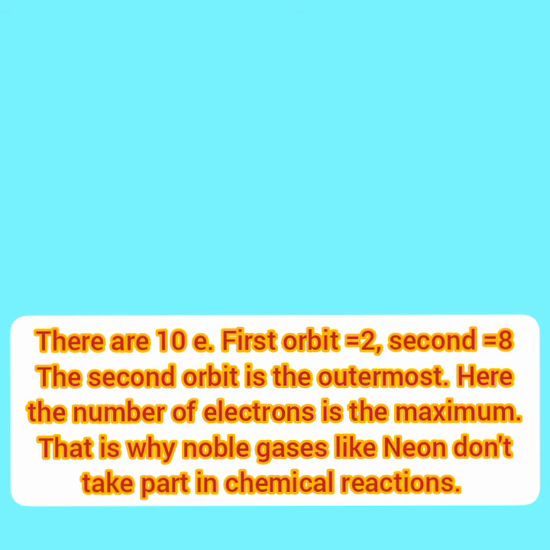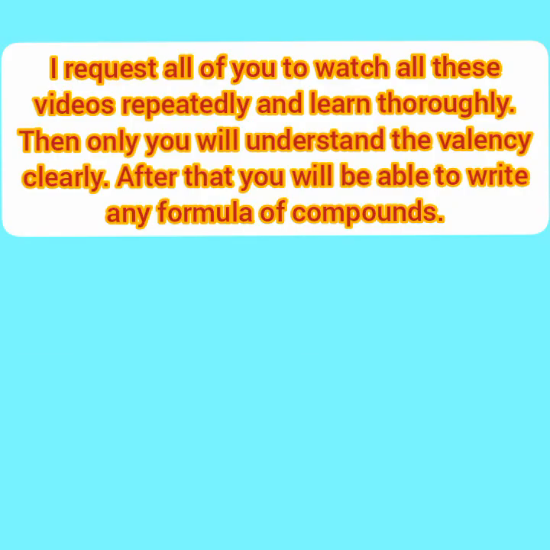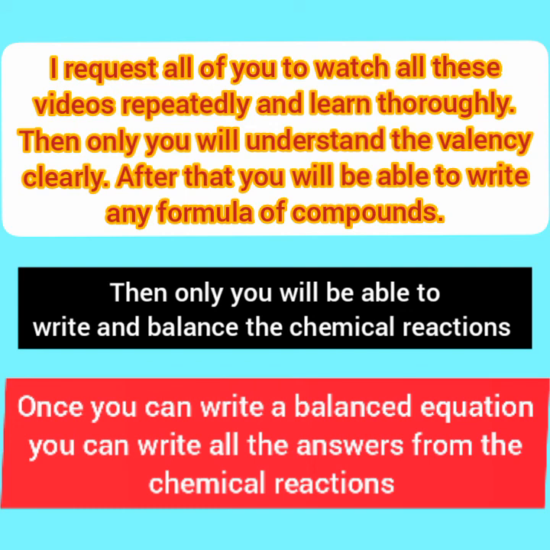And from here we are going to the reactions, how the formulae are formed, how we can write formulae very easily. Okay, up to this point, there will be 2 or 3 videos, maybe this is the third video. You have to listen to this one repeatedly, and after that you try to do it yourself.